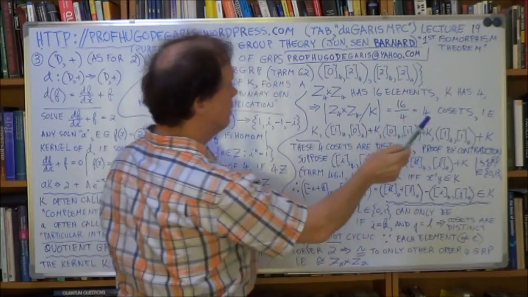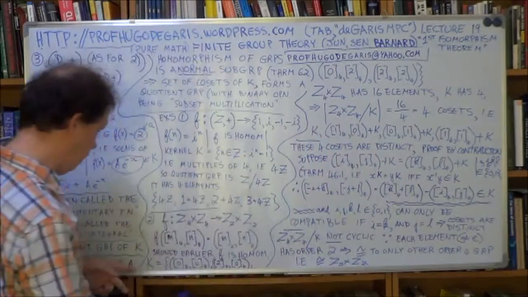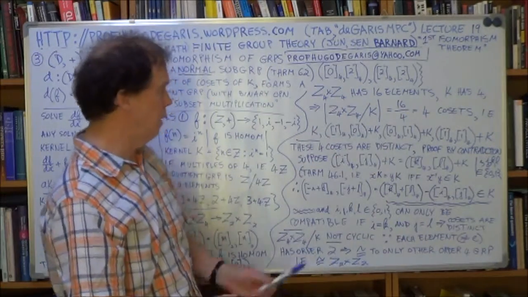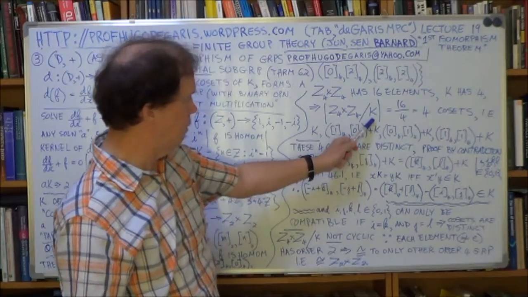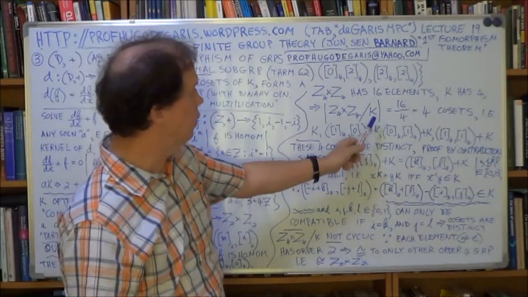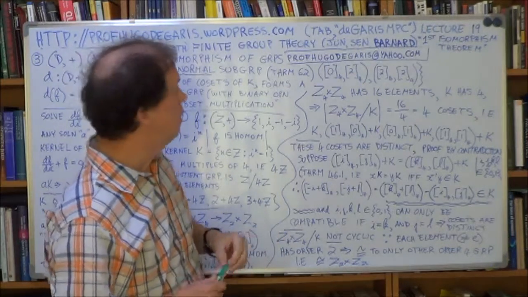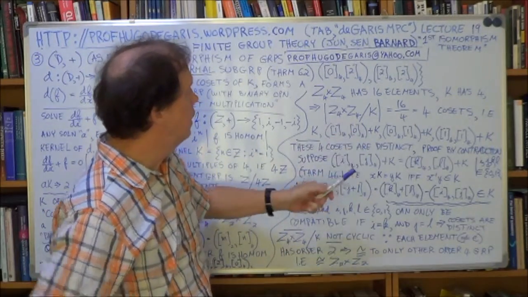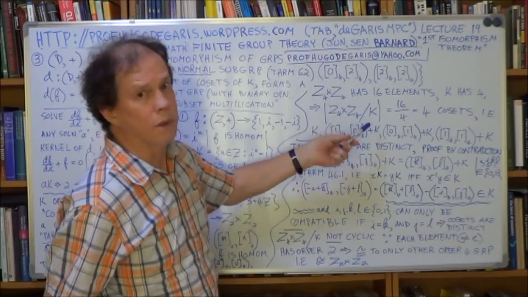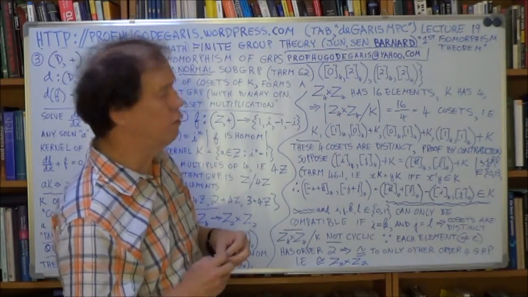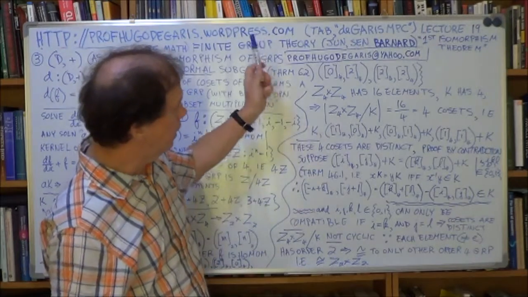Has 16 elements. The kernel, we have 1, 2, 3, 4 elements. Okay, so the size or the order of the kernel, which is a normal subgroup, has order 4. So what is the order or the size of the quotient group? Well, you remember the formula?